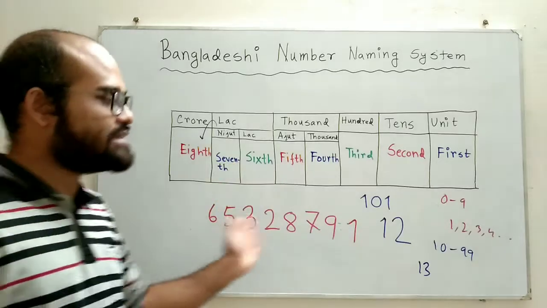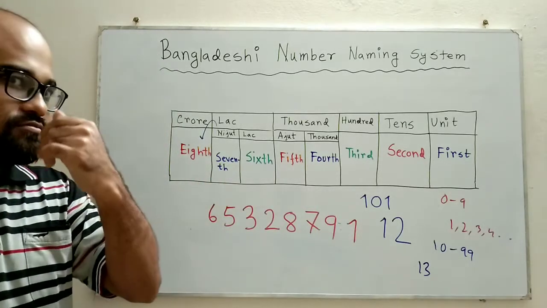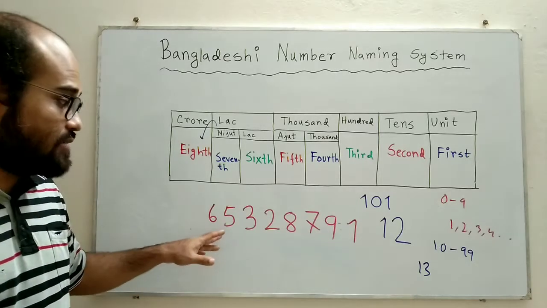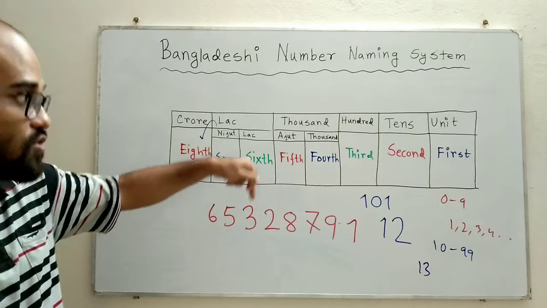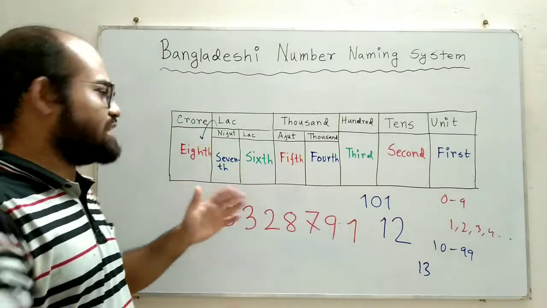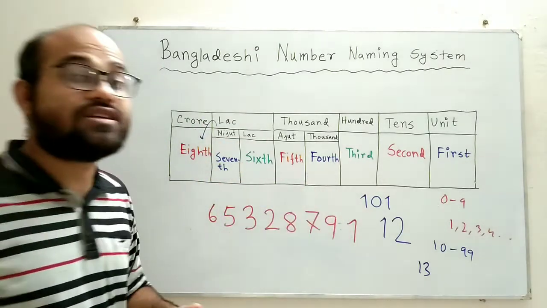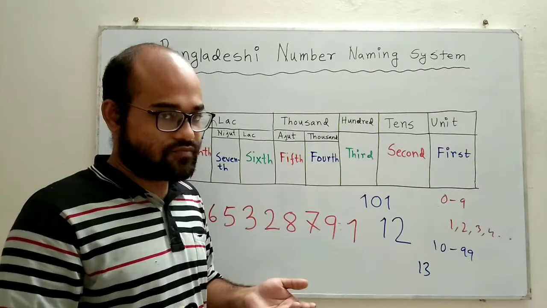Now, while explaining this example, you must have recognized one thing. I was stumbling while reading the digits, whether it is lakh, crore, thousands, etc. So many digits actually created confusion. So how to overcome that confusion?